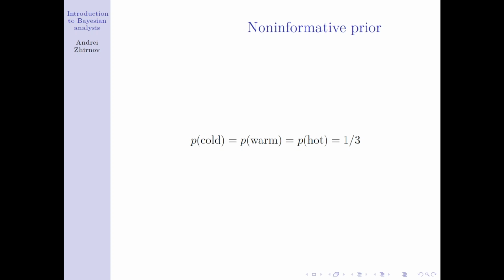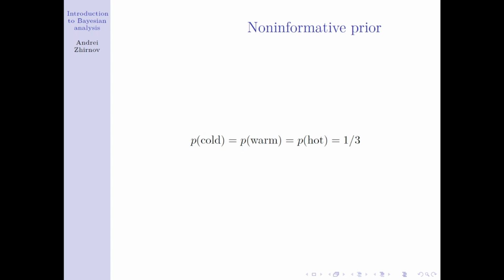Non-informative priors are the priors that do not favor any specific value of the parameter. In the case of our example with the weather, we can specify a non-informative prior by setting the probabilities of that parameter being equal to cold, warm, and hot to the same value.